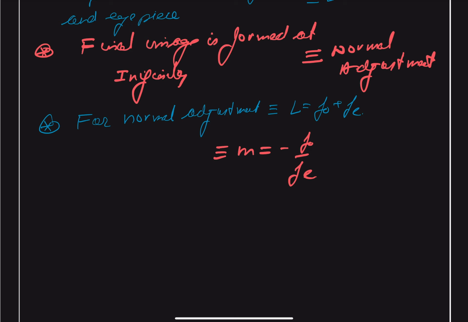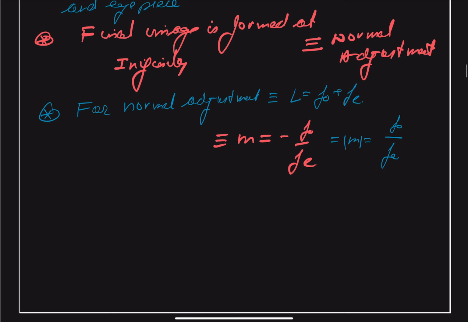For only magnitude consideration, we can write that M will be equal to F0 upon Fe. It is given as 5, therefore 5 is equal to F0 upon Fe, which gives us F0 equal to 5 times Fe.